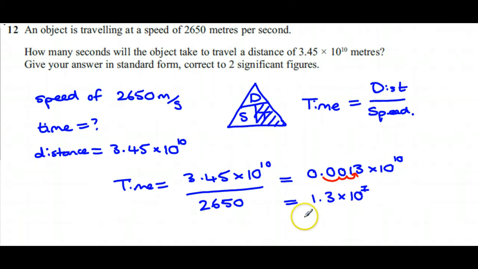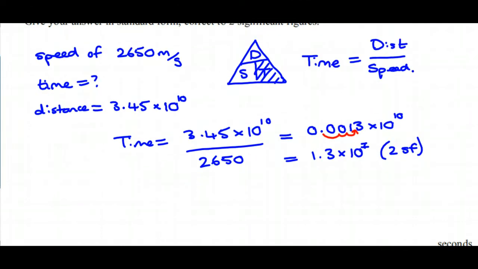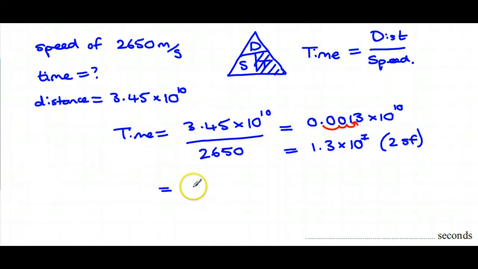So I end up with 1.3 times 10 to the 7 as your final answer, which is indeed two significant figures, because you've got the 1 and the 3. You should have got an answer of 1, 3, and then 6 zeros on the end for this particular number.